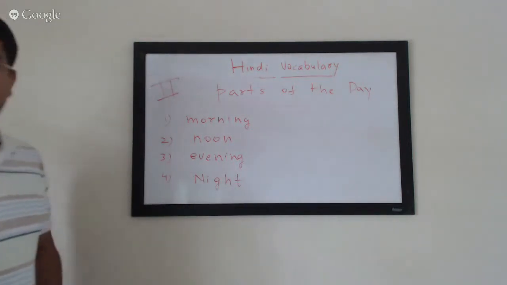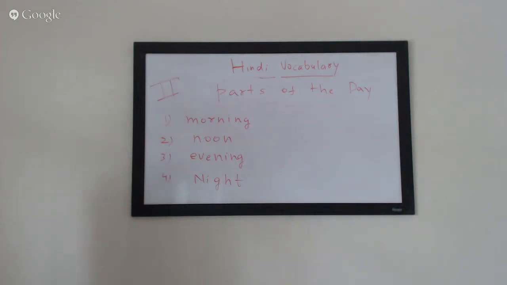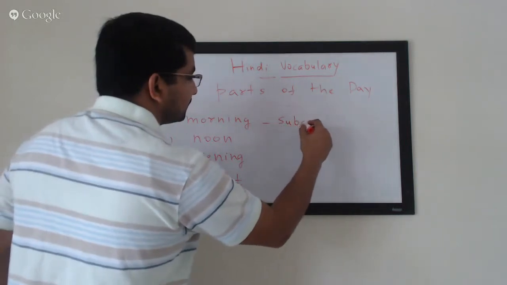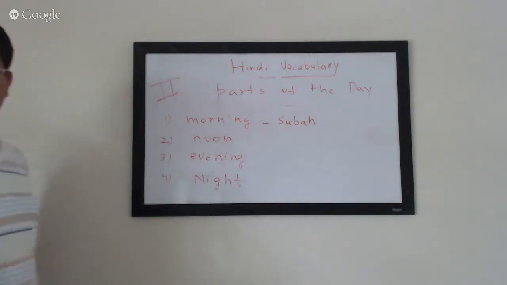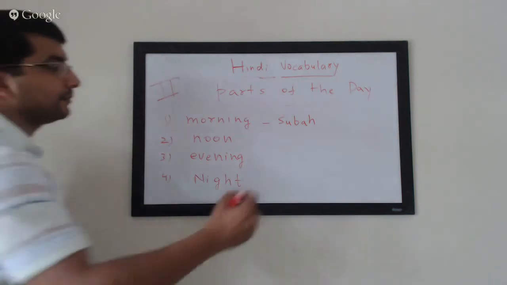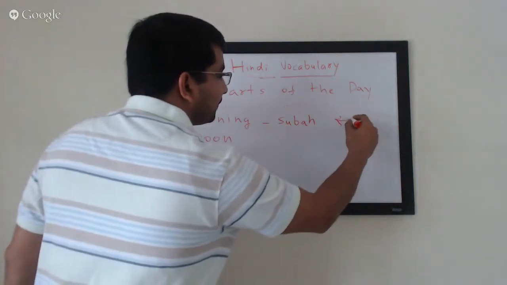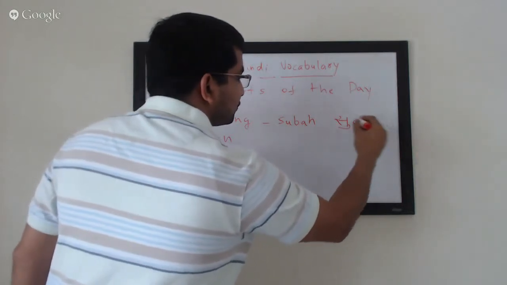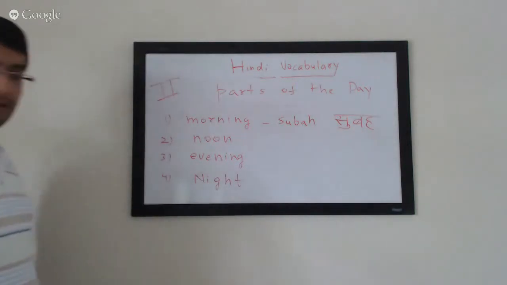Since some of you are already familiar with these vocabulary words, feel free to write them down. This will also test your understanding. If not, we'll go over each of them systematically. So the morning is basically subah.